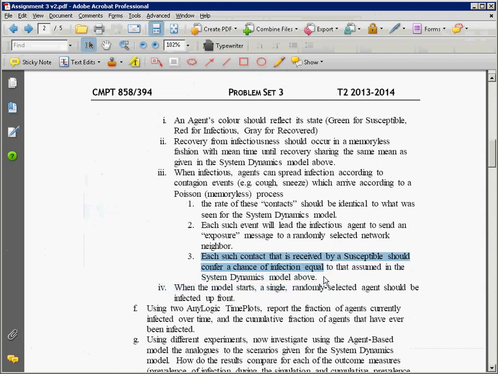Okay. Right. So yeah, this is a far more circumscribed thing. I said each such contact received by a susceptible should confer a chance of infection equal to that assumed in the system dynamics model above. What I'm saying is, if a susceptible has been exposed to an infective, the chance that the contact has actually infected them, the chance of infection per discordant contact, should be the same as in the system dynamics model.